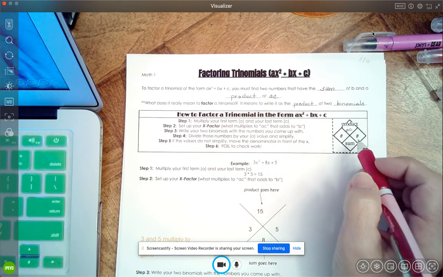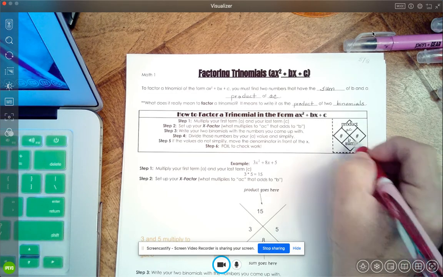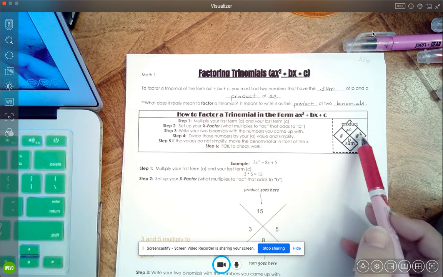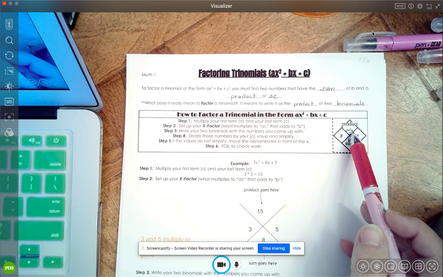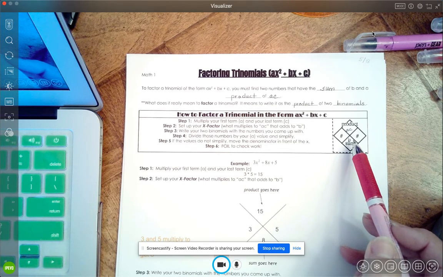Then we're going to put our b value right here. Our goal is to find two numbers that multiply to get a times c, and they add to get b. Now, they could be negative. One could be negative. Both could be negative.